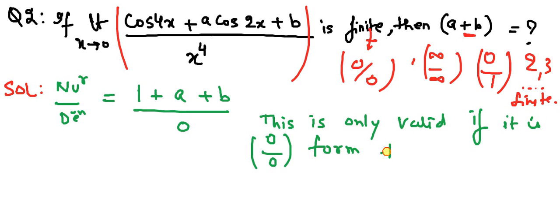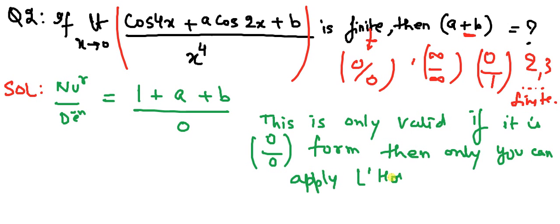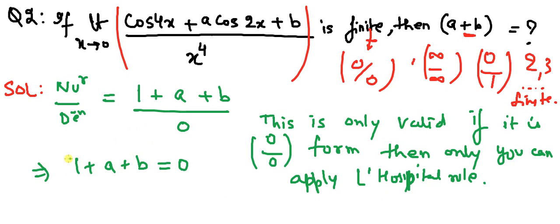Then only you can apply L'Hospital rule. So it comes out from here. We can derive it like this: 1 plus a plus b comes out to be 0. This is our first equation.